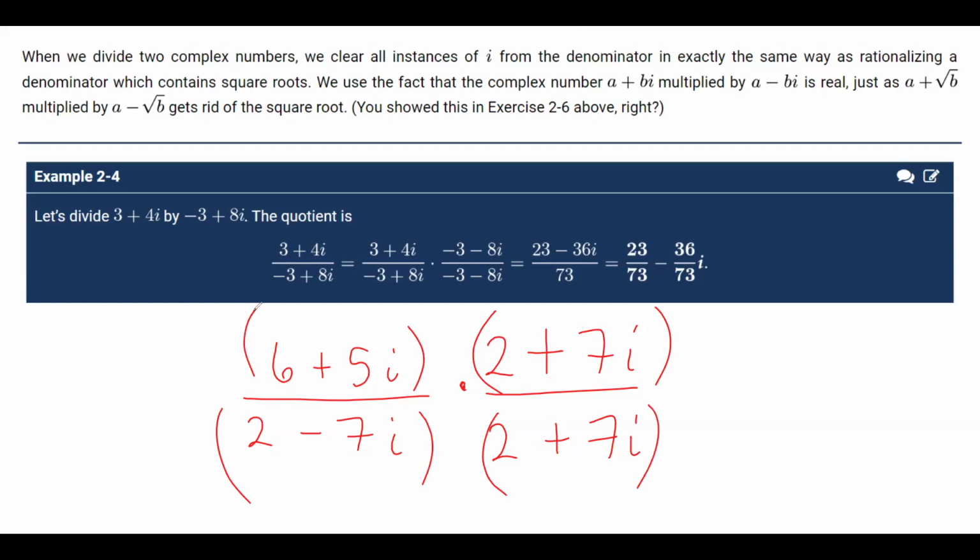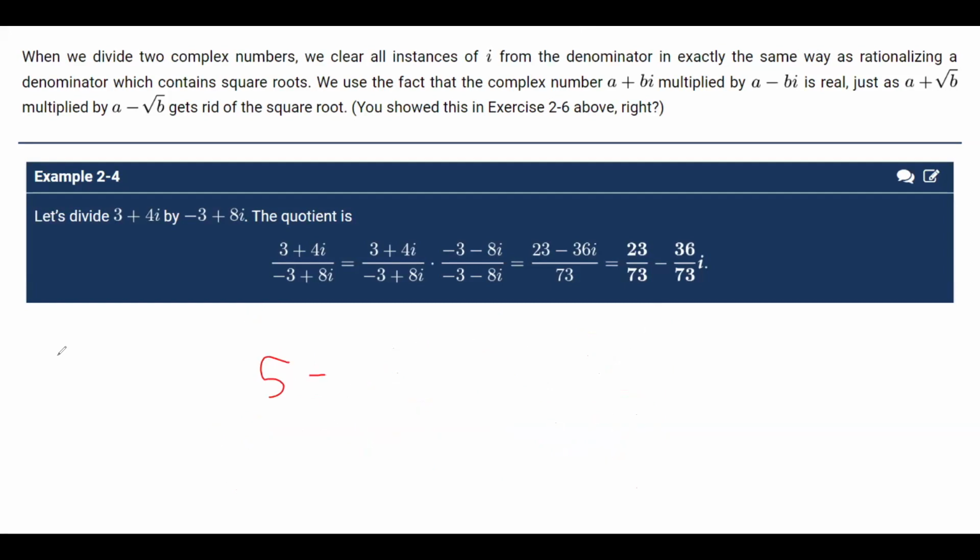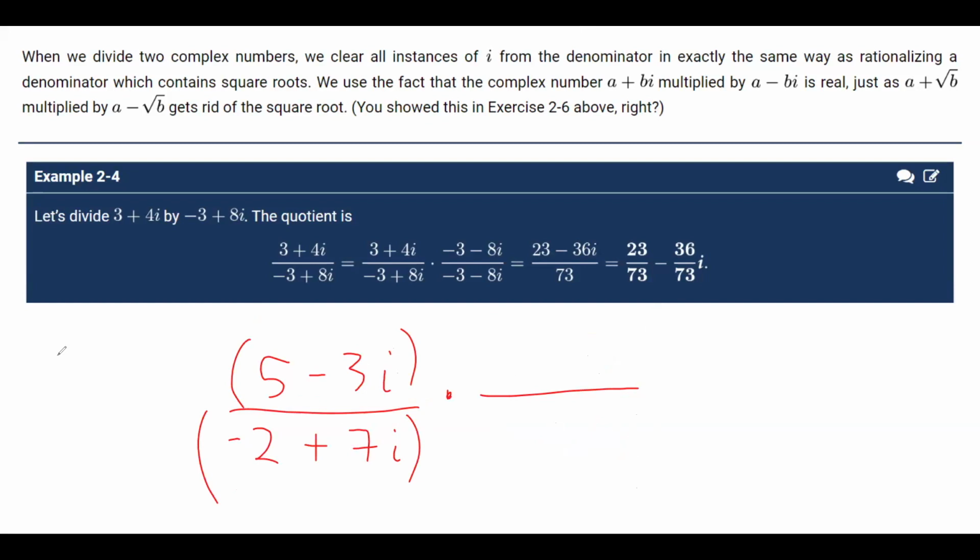Let's do another one. 5 minus 3i over negative 2 minus, or we'll make it a plus again, plus 7i. What would you multiply top and bottom by in order to do the division and get rid of the imaginary part in the denominator? Does someone want to write it?